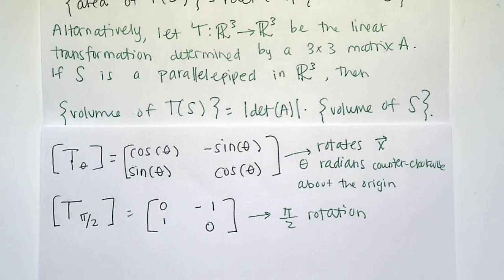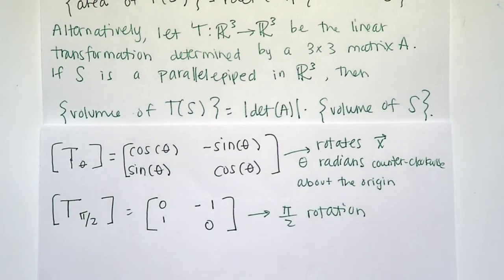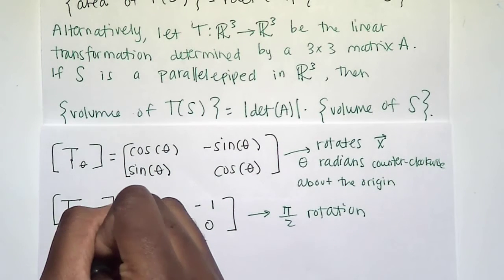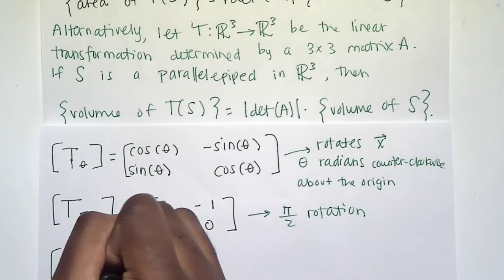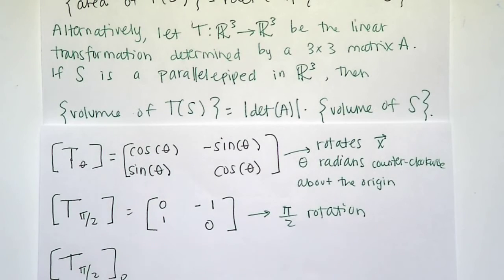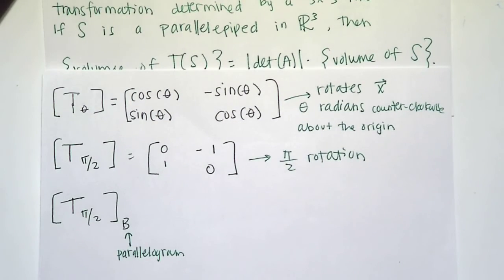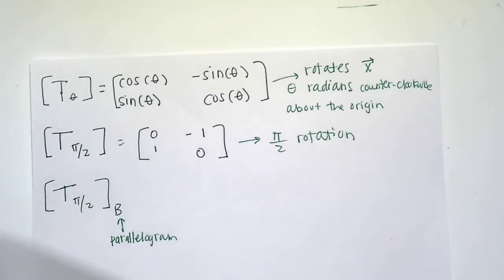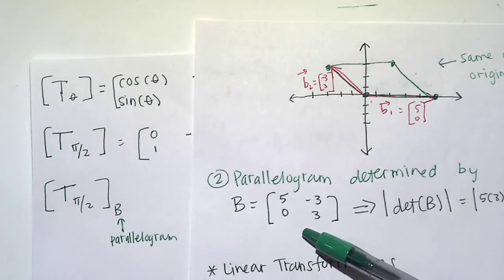All right, so what if we apply this rotation to a parallelogram, the same one we worked on earlier? All right, so let's do this rotation. This is our parallelogram from a long time ago. All right, so this is the B I'm talking about.